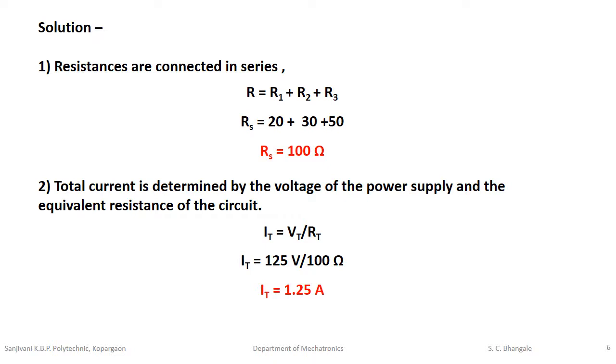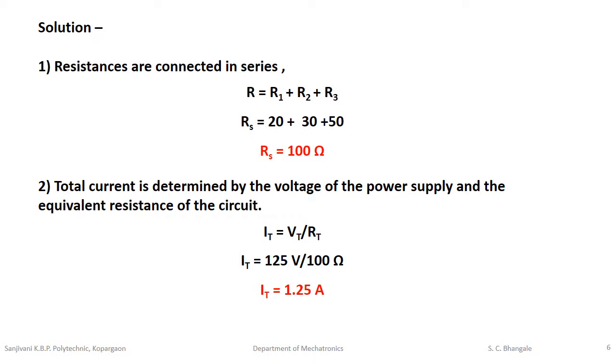As we have already seen, this circuit is a series circuit, so the formula is R equivalent equals R1 plus R2 plus R3. So Rs equals 20 plus 30 plus 50 ohm. If we calculate this, we get the total series resistance of the circuit as 100 ohm.